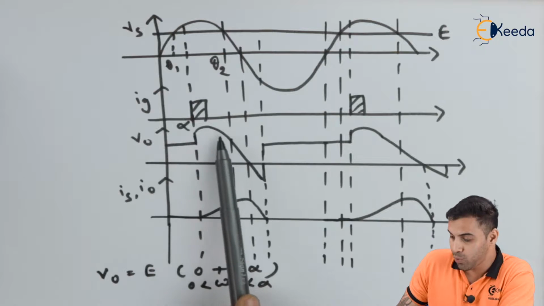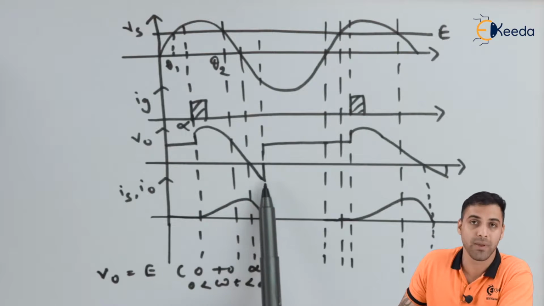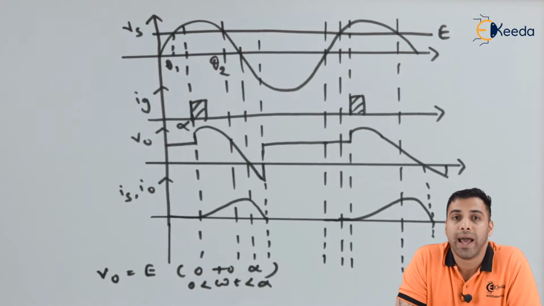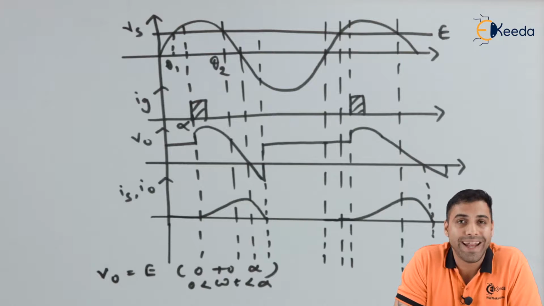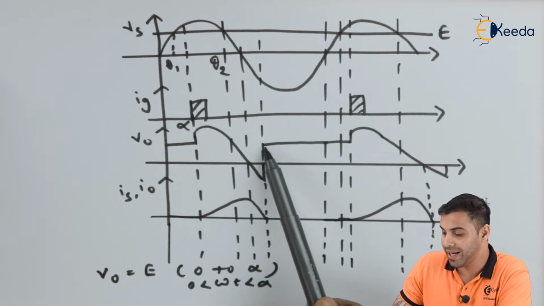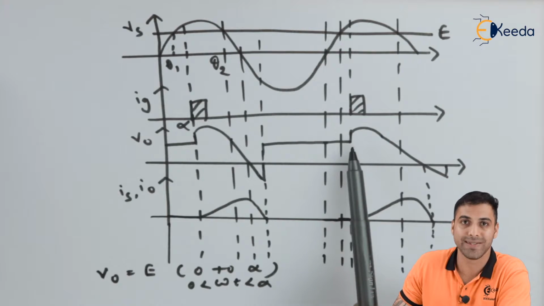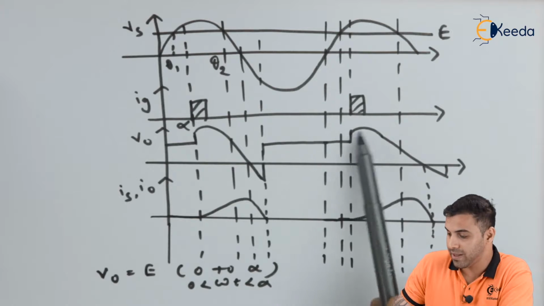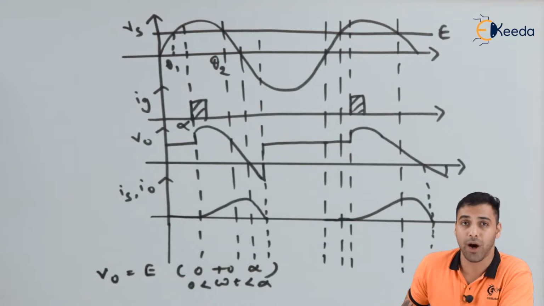We can see the output waveform until the next angle, and as the thyristor blocks the negative half cycle of the AC supply, again we will be getting the E voltage across the output. Again the same process continues.